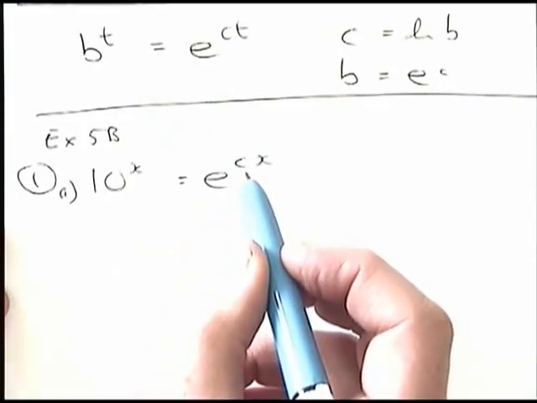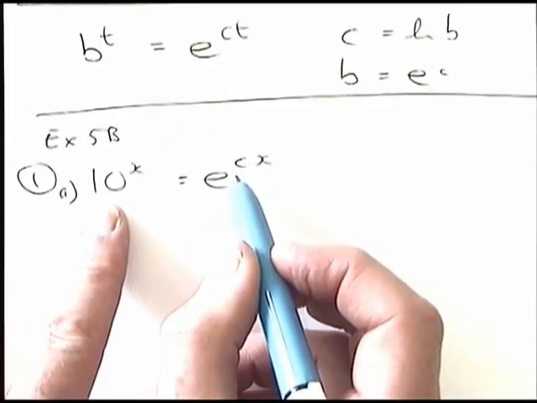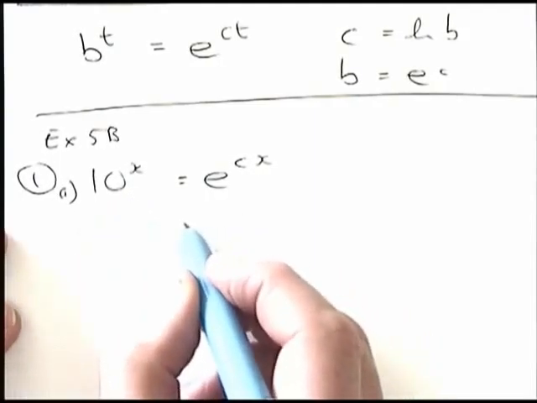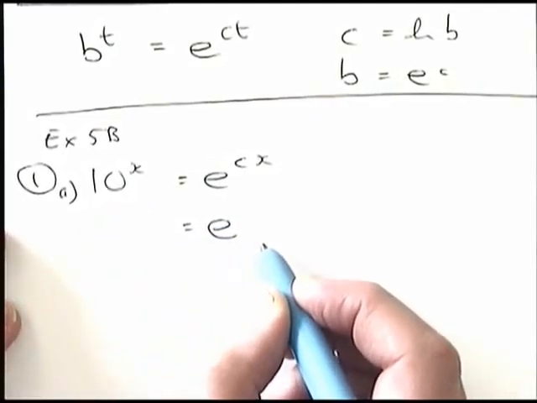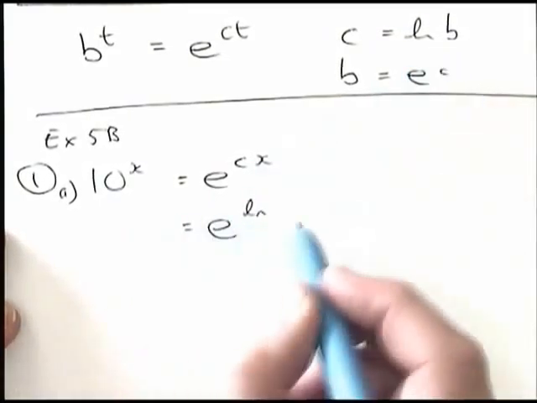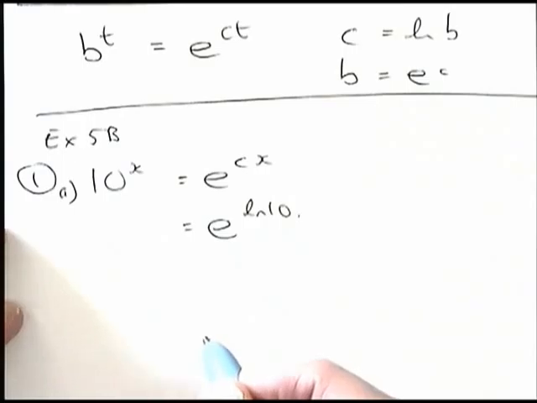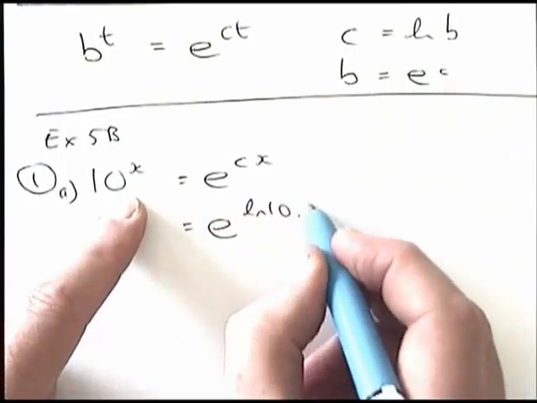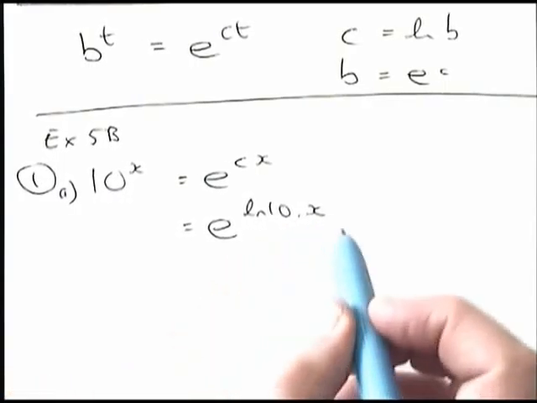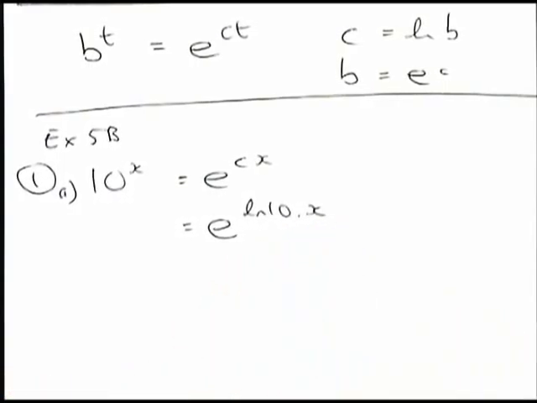So we know that the c here is log of b, and b here is 10. So this is the same as e to the c, and c is the same as log of b, and the x is still there. So I've got e to the log of 10 times x. That's just from using the rule.